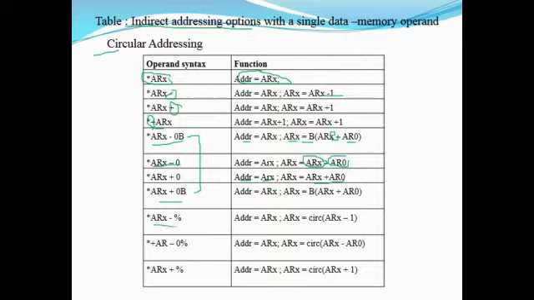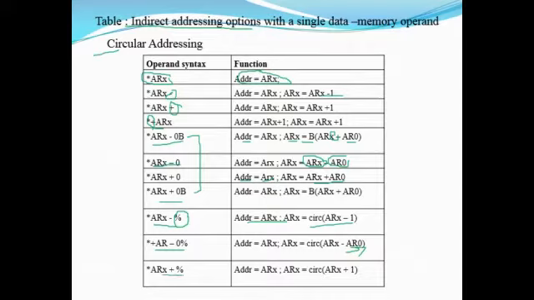Next is ARX minus percentage. The percentage sign specifies circular addressing. All the operations are the same, but the decrement operation is done with circular addressing. Similarly, if I consider minus 0%, it is pointing to auxiliary register 0.